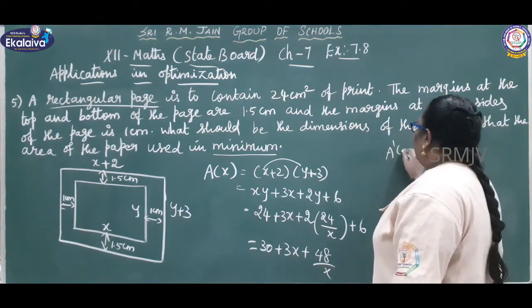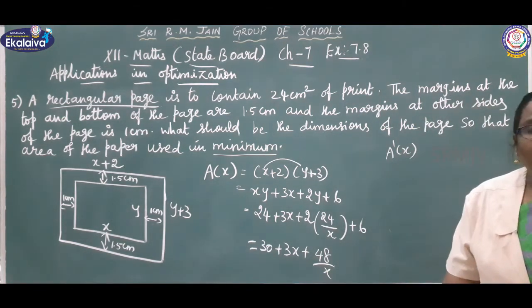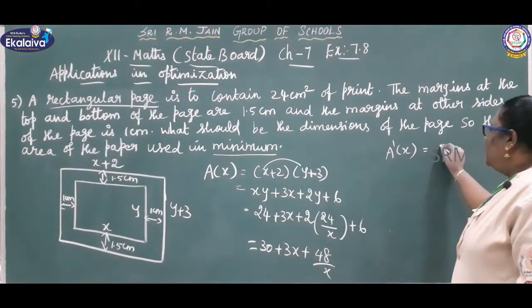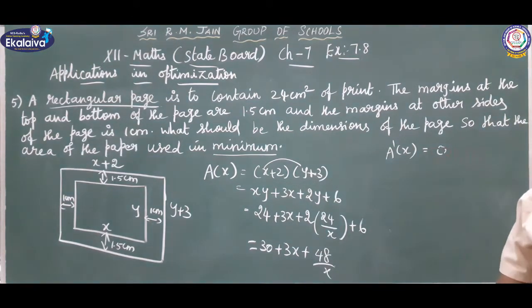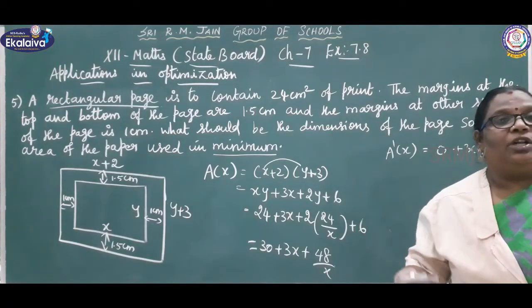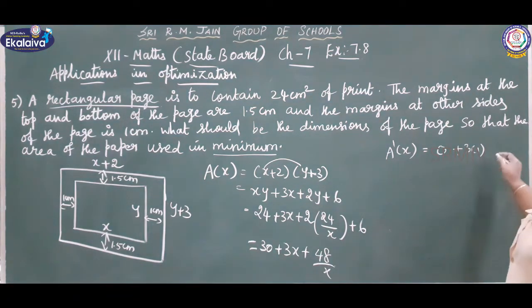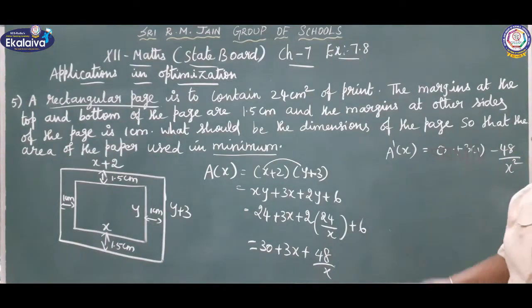A dash of x. Differentiate area with respect to x: 30 is constant, so 0, plus 3 into x becomes 1. Differentiation of 1 by x is nothing but what? Minus 1 by x square. So minus 48 by x square.